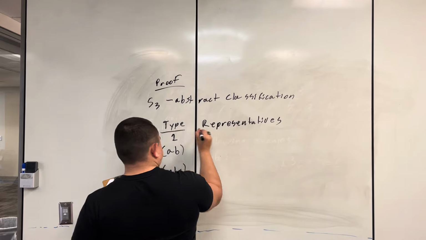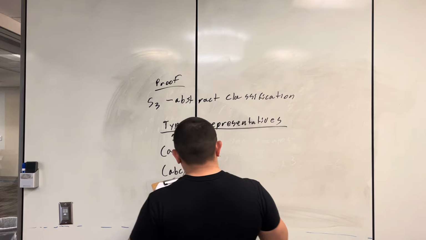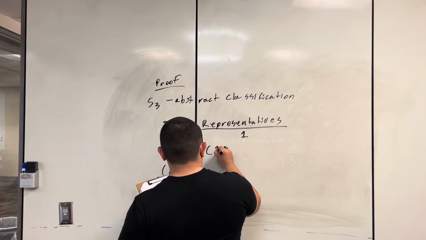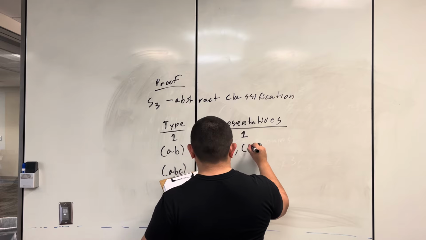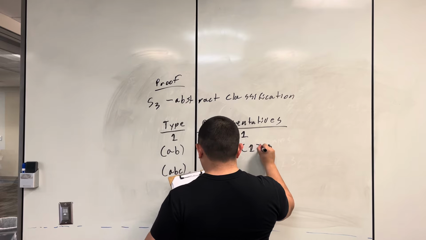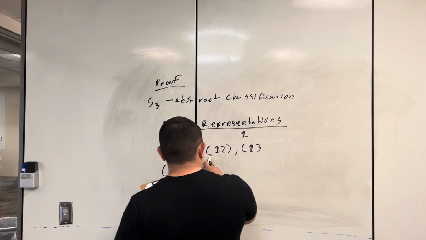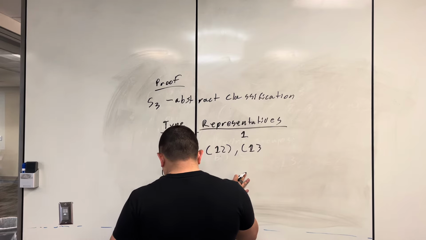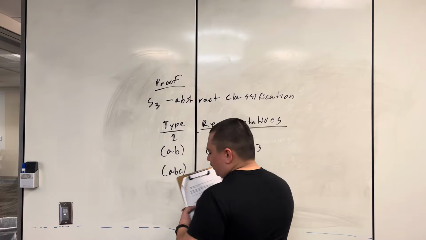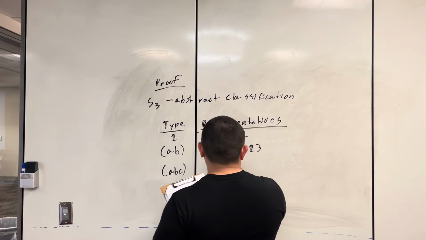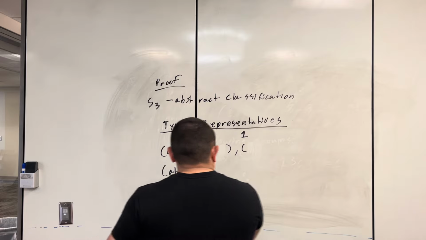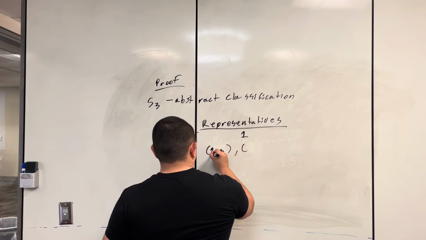This would be 1, and then (1 2), and then, no, sorry, let's see here. No, that is 1 and 2, because we're working with S3. Silly me. Now, this is (1 2).